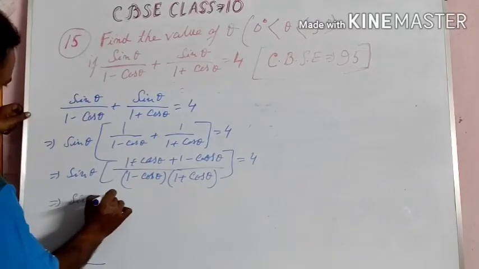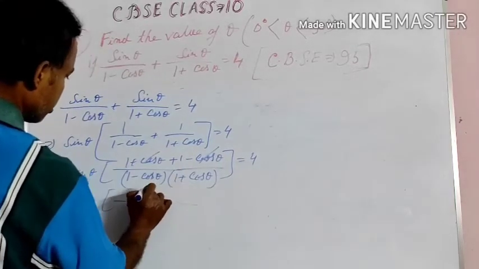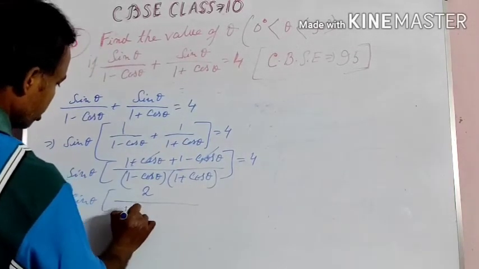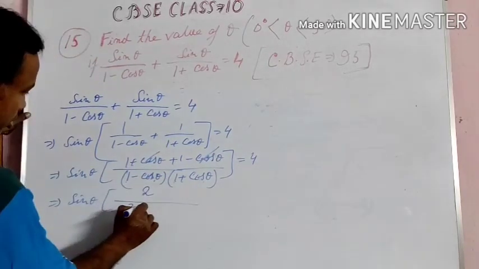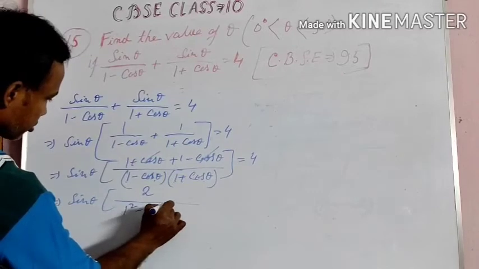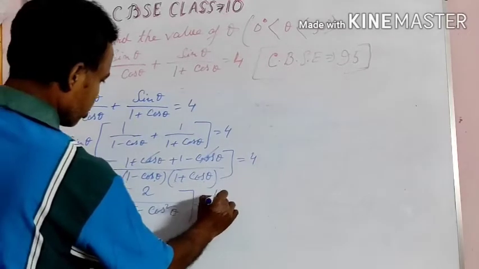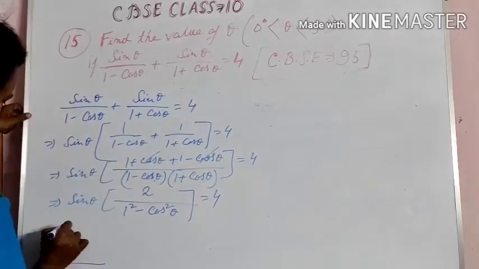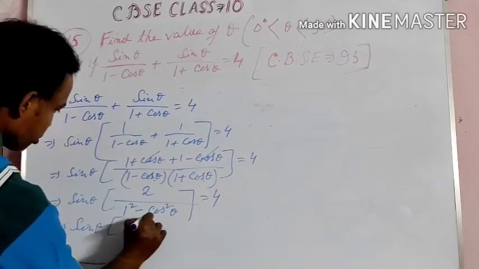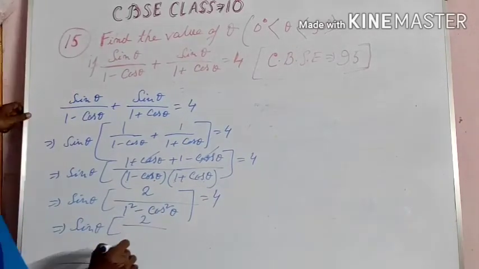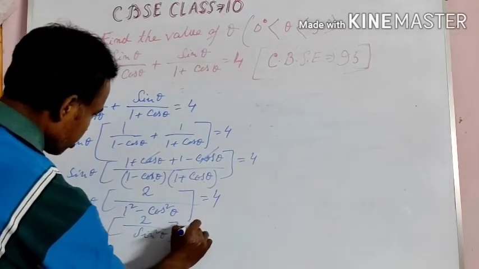Or sin theta into 2 by (1 minus cos theta)(1 plus cos theta), this is (a minus b)(a plus b), this is a square minus b square. This is equal to 4, or sin theta into 2 by 1 minus cos square theta, which is sin square theta, is equal to 4.